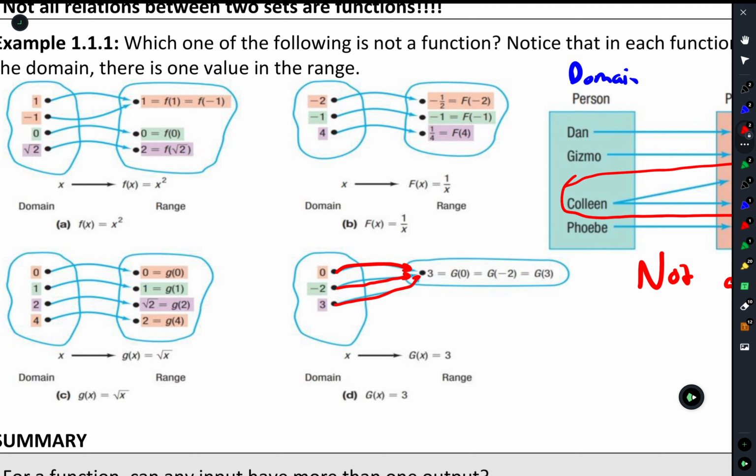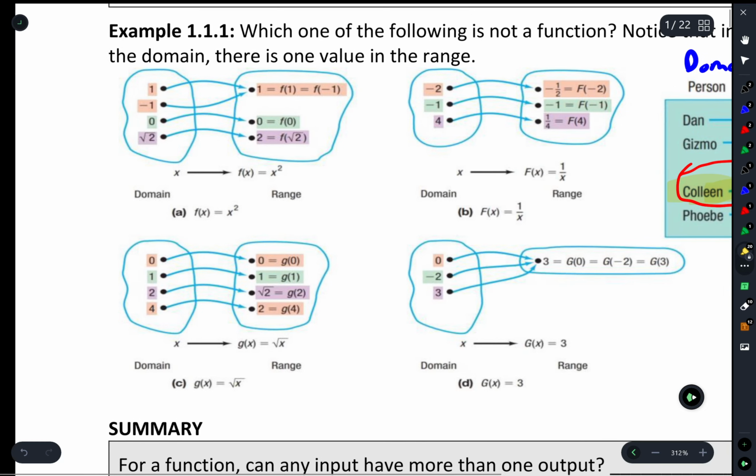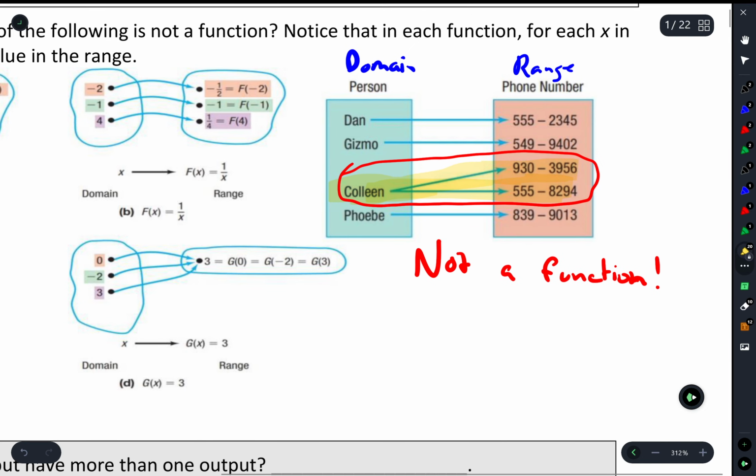That is still possible. The only rule, and again I repeat, the only rule that a function needs to obey is any value in the domain cannot be mapped to two separate values in the range. And so each of these is a function except this one right here.